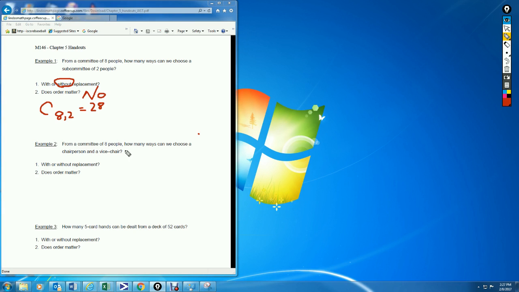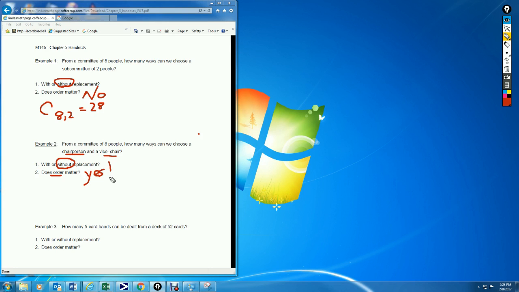Very similar question. Committee of 8 people, how many ways can we choose a chairperson and a vice chair? With or without replacement? Again, without, because clearly we need 2 different people to fill these positions. Does the order matter? In this case, yes, because I'm picking 2 people to be the chair and the vice chair.